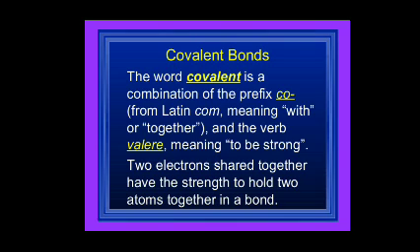Covalent bond: two electrons shared together have the strength to hold two atoms together in a bond. This covalent is a combination of the prefix co, that means with or together, and valere, meaning to be strong.